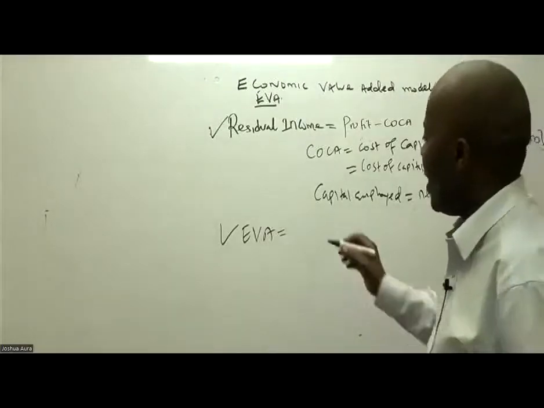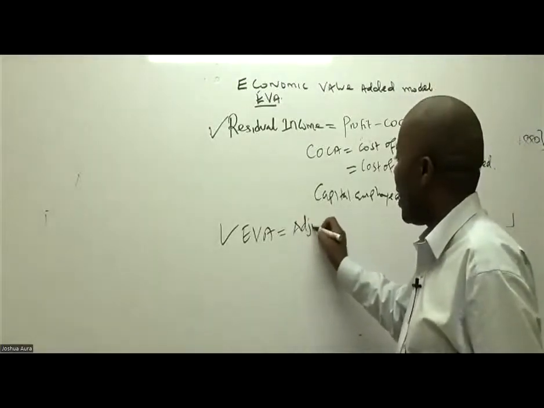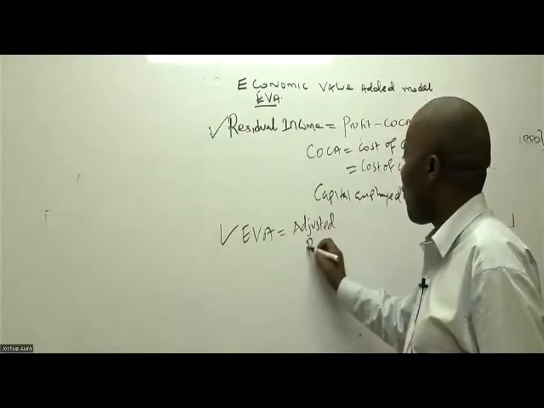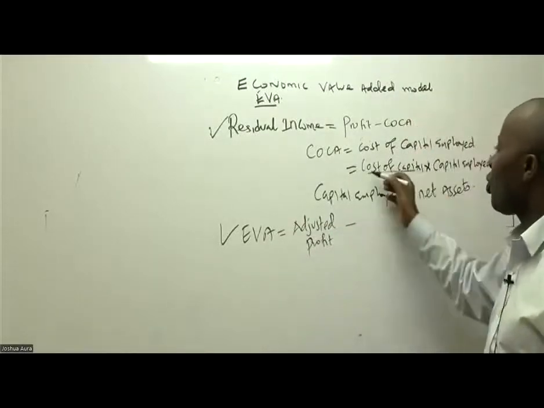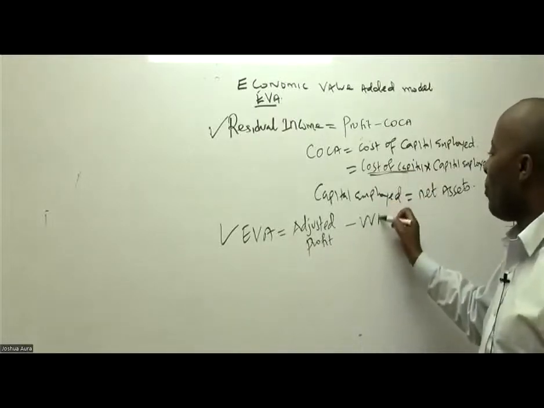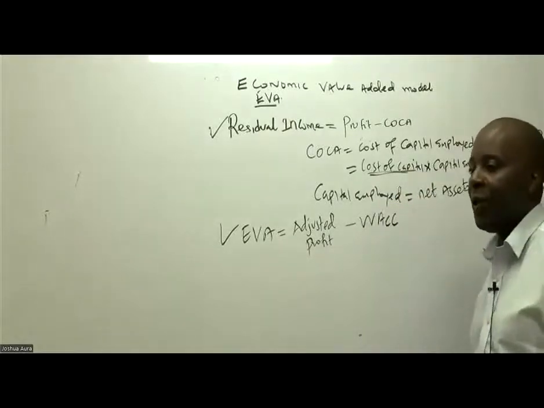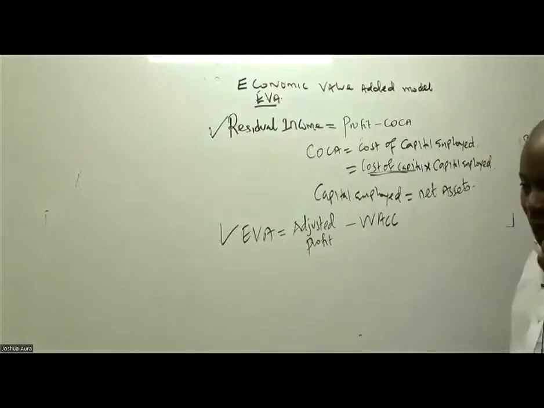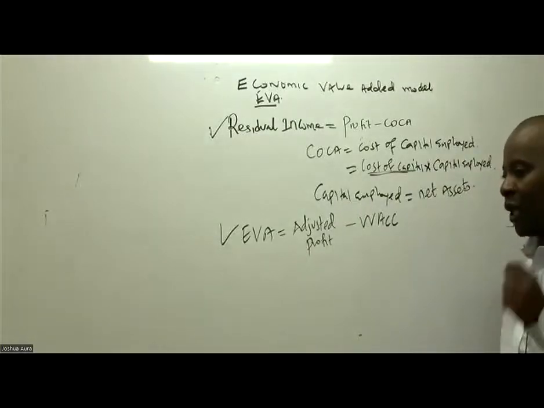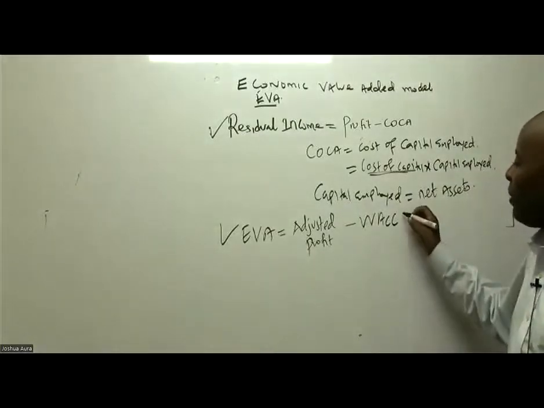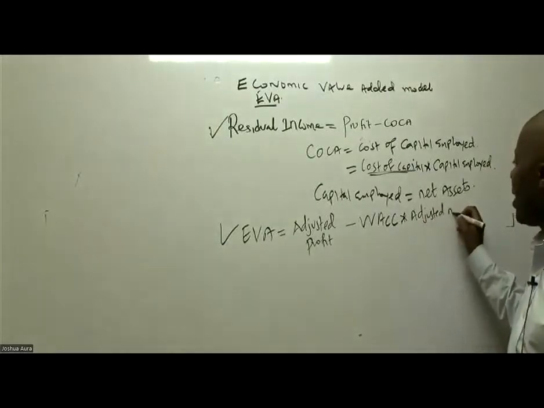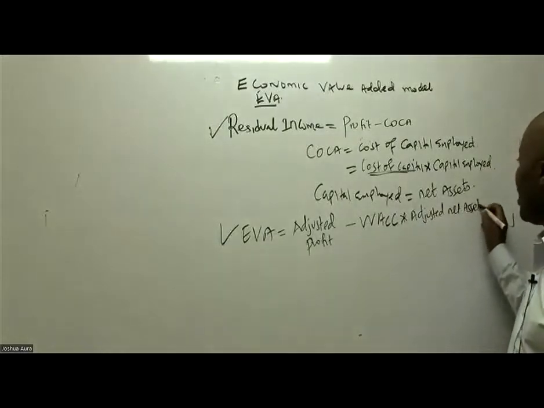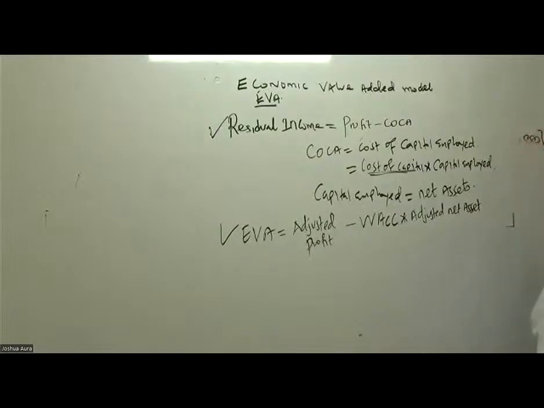So basically, EVA will be adjusted profit minus, instead of cost of capital here, we prefer using WACC, unless they don't give us WACC. So it shall be WACC times adjusted net assets, or adjusted capital employed.